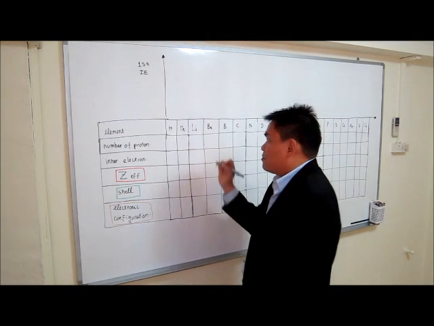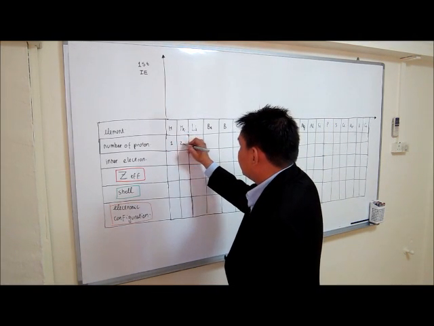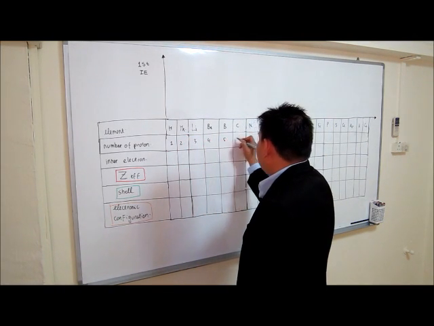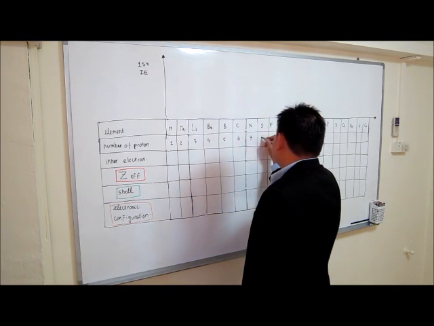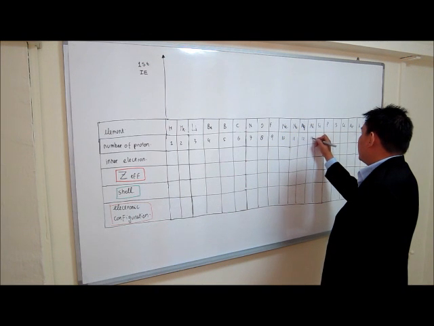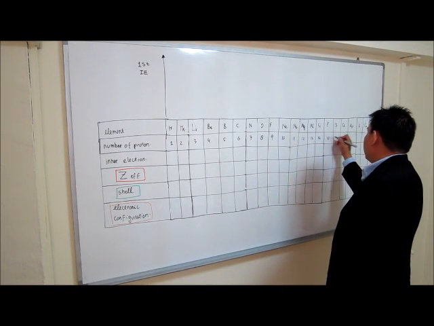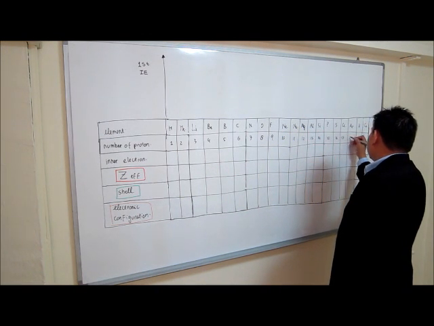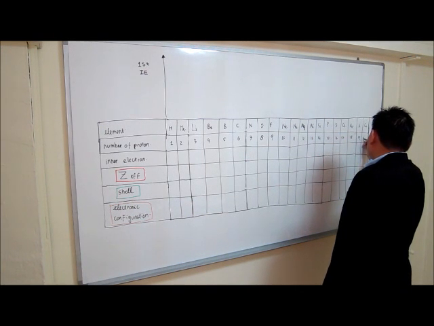And we fill up the number of protons of each element. Very simple. It's in the sequence 7, 8, 9, 10, 11, 12, 13, 14, 15, 16, 17, 18, 19, 20.